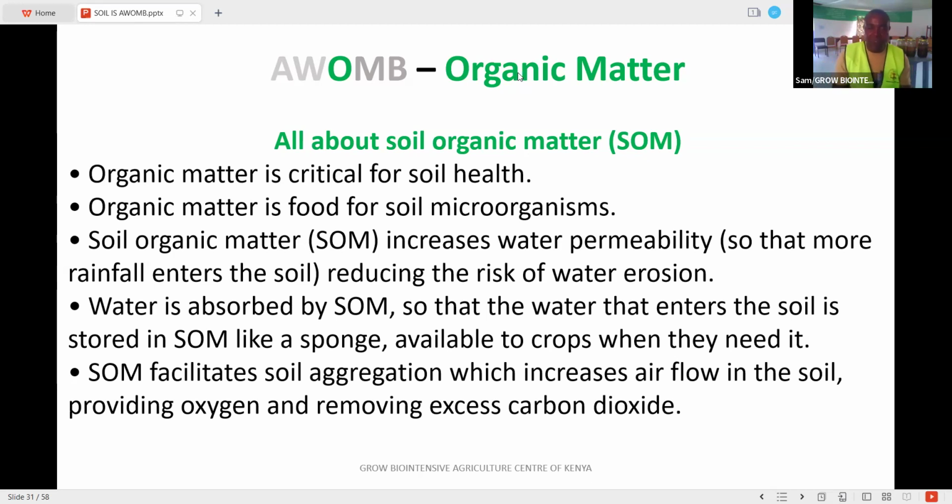Mature materials are materials that you have harvested, so they have put in flowers and seed. You have removed the seeds, and the trash is what we call the mature materials. And then 10% of the total pile will be immature materials.